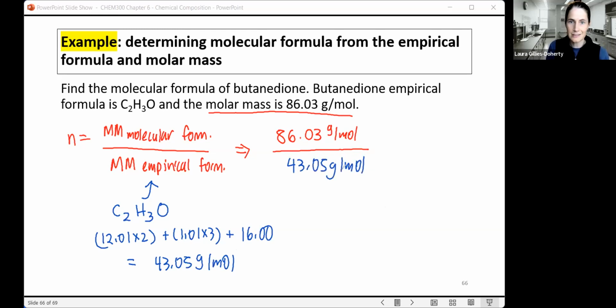And now when we divide these two, 86.03 divided by 43.05, I get 1.998, and it keeps filling up my calculator. So that's close enough to 2 to round it to 2. So our N equals 2. So to find the molecular formula, now that we know our N value, we have to multiply our empirical formula by N.